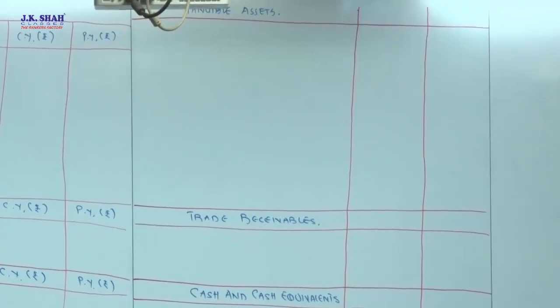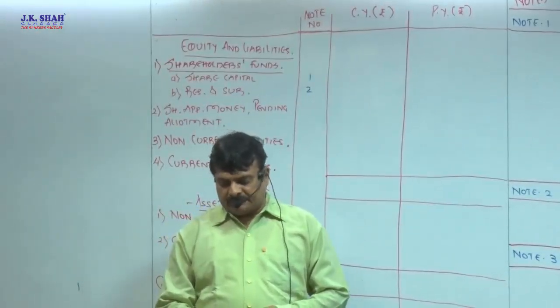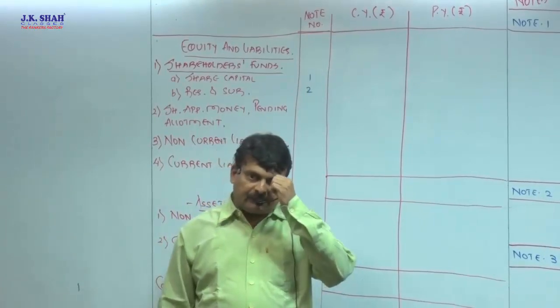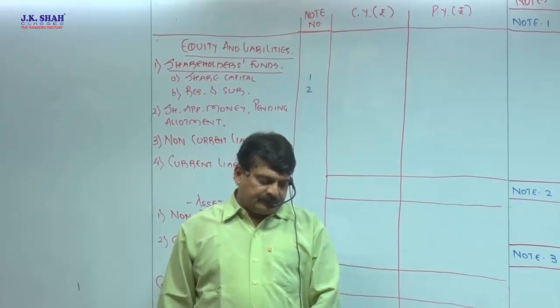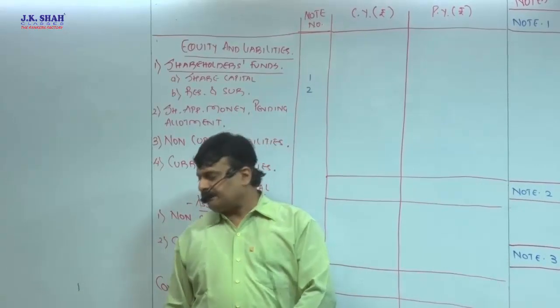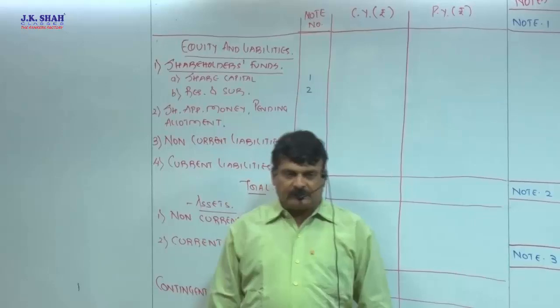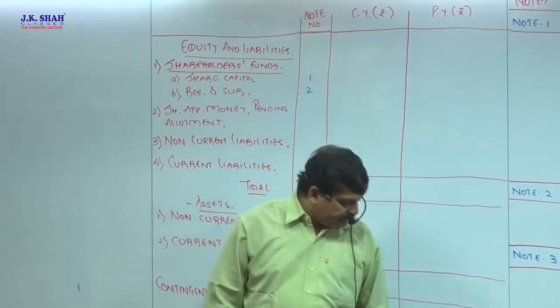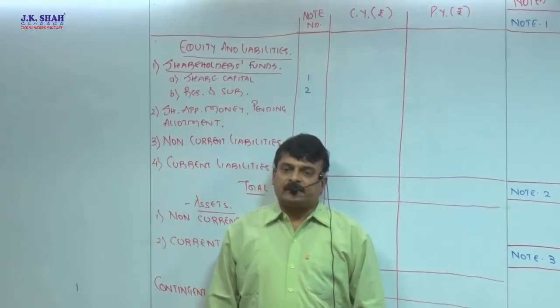Come on. After cash and cash equivalents, short-term loans and advances. Only 3 lines. And last one, other current assets. Also 3 lines.